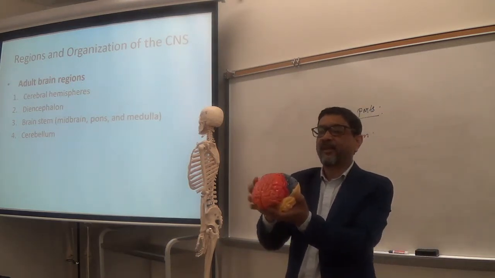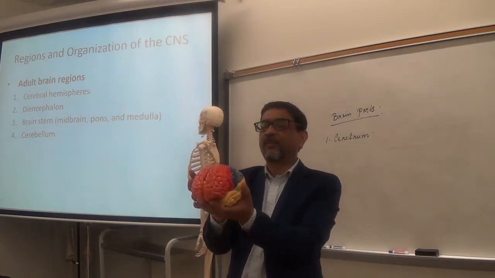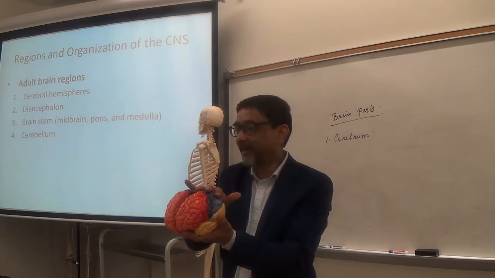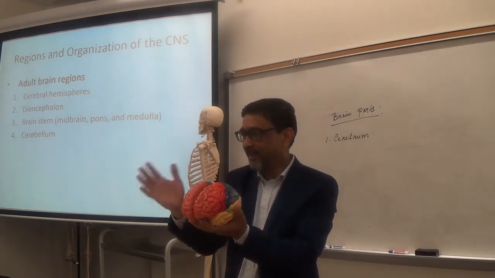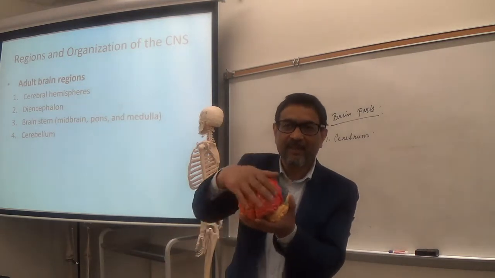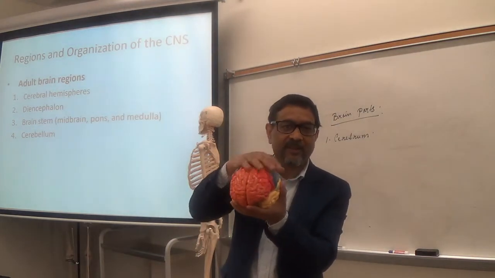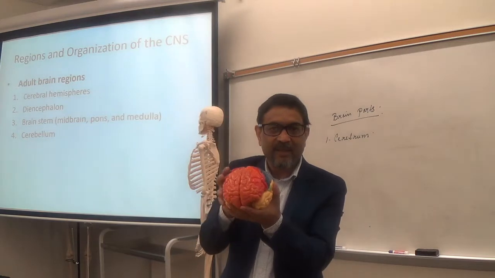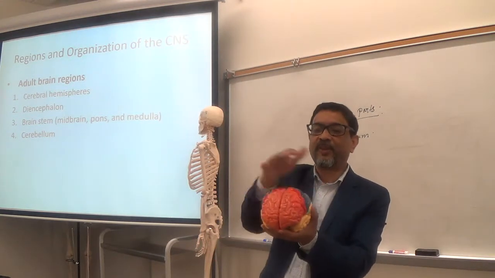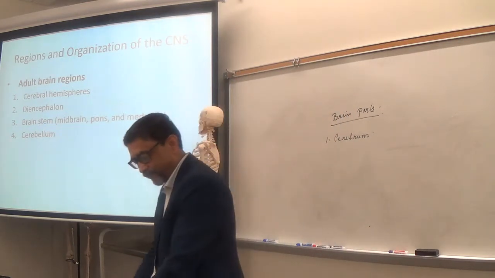And the cerebrum consists of 2 halves. Each half is called a hemisphere. Hemi, half, right? Sphere is what? The whole sphere is the cerebrum, right? This is the whole sphere. That's the cerebrum. Make sense? And each half is a hemisphere. Okay? So 2 hemispheres, right and left.